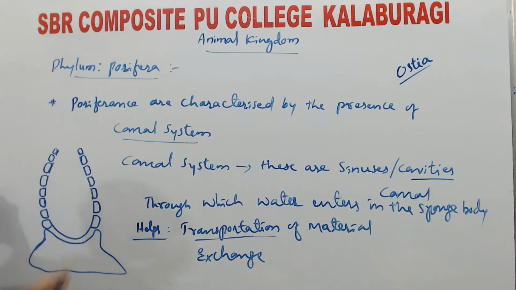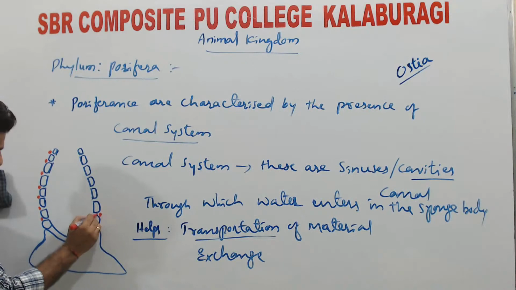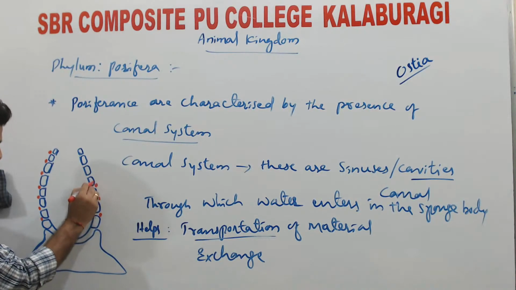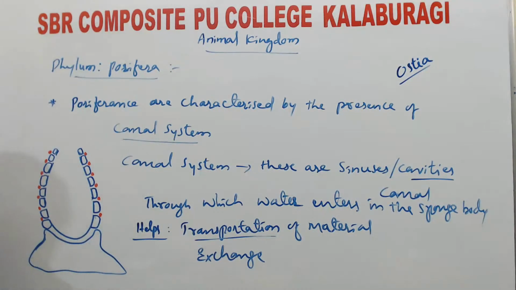This is a very simple type of canal system, as in some individuals called ascon. Here are the minute pores, which are referred to as ostia.